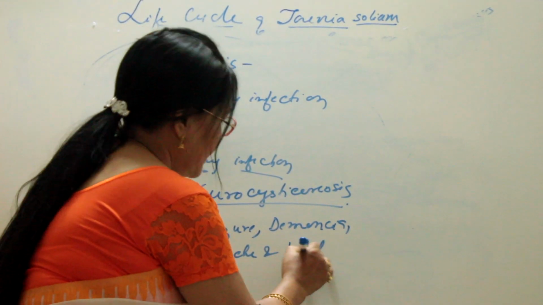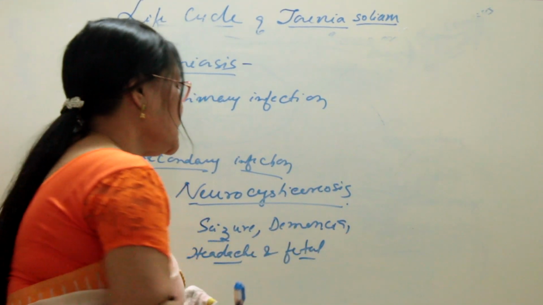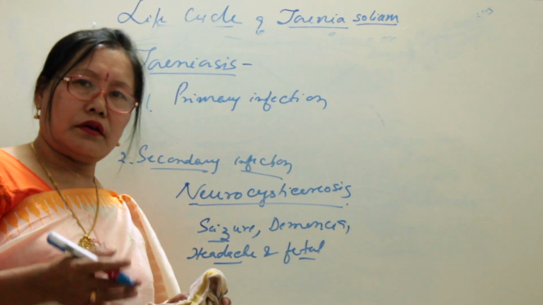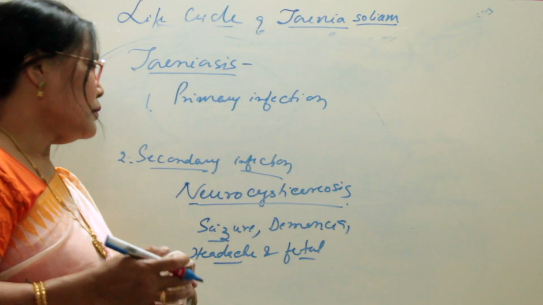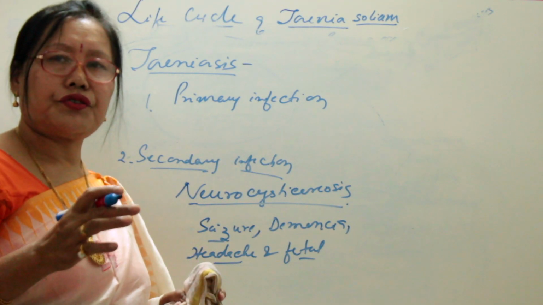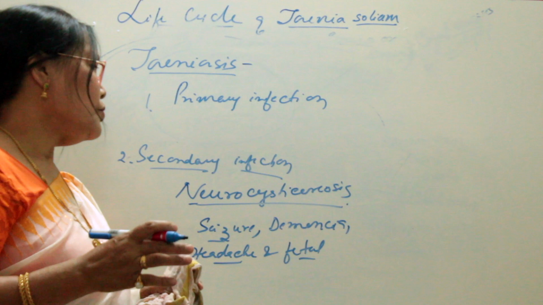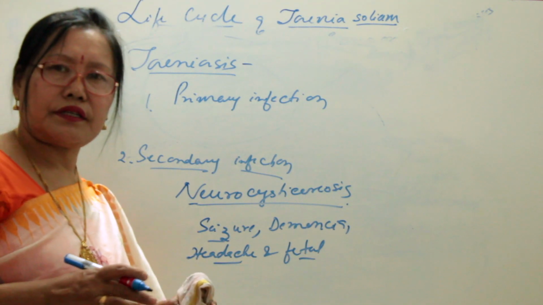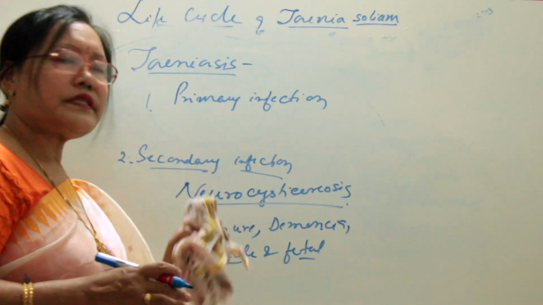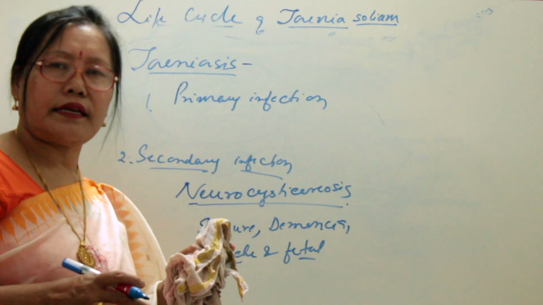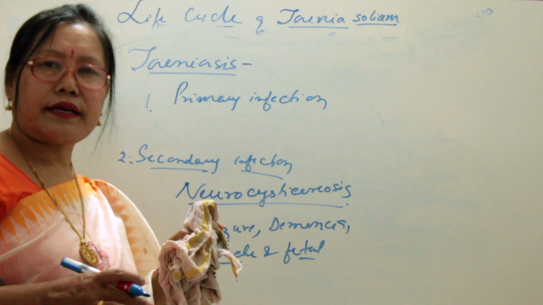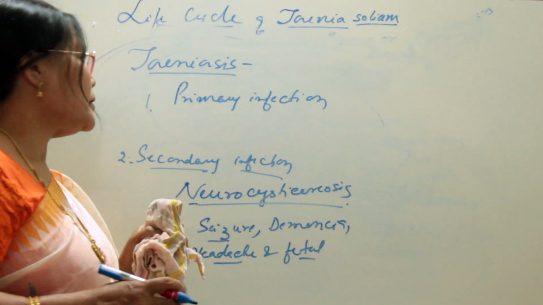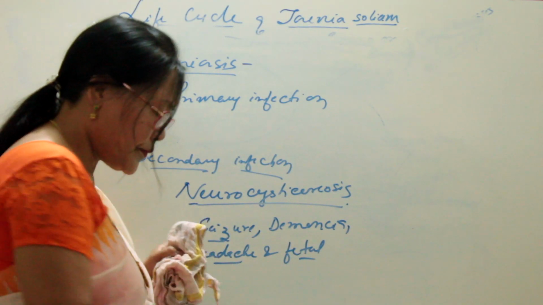This is a very serious case. When these eggs are present in the brain, such cysticercosis is known as neurocysticercosis. So for this parasite, the secondary infection is more fatal than the primary infection.